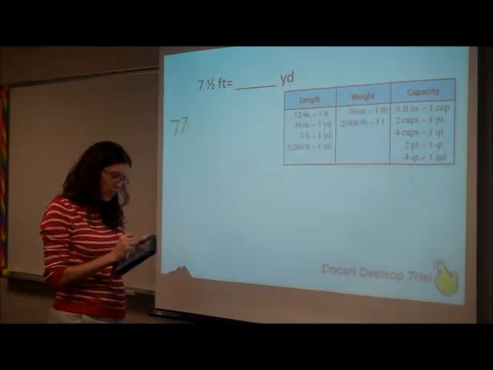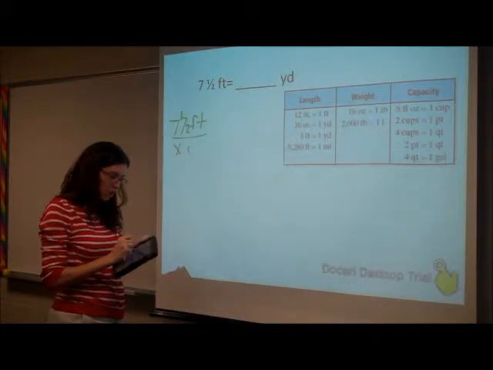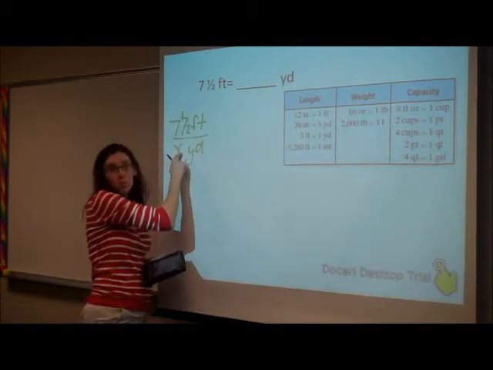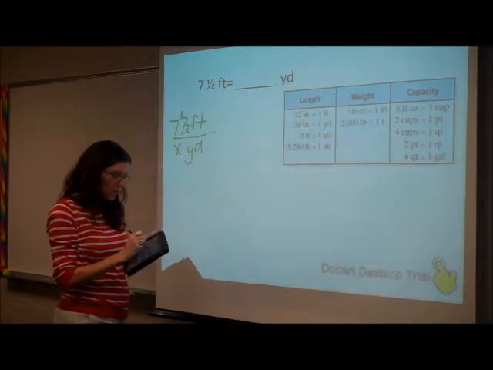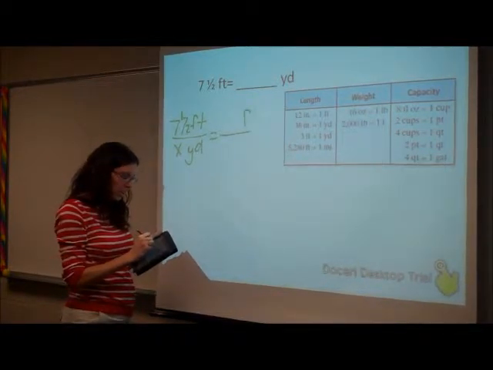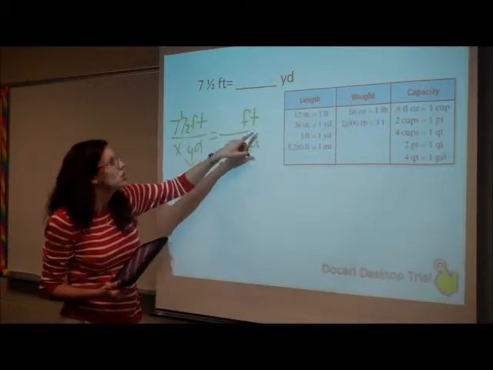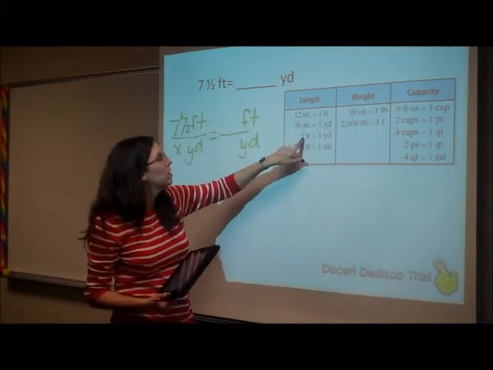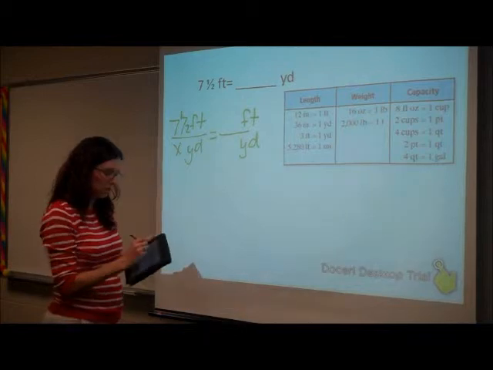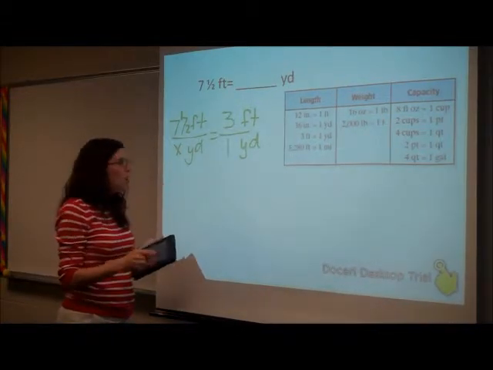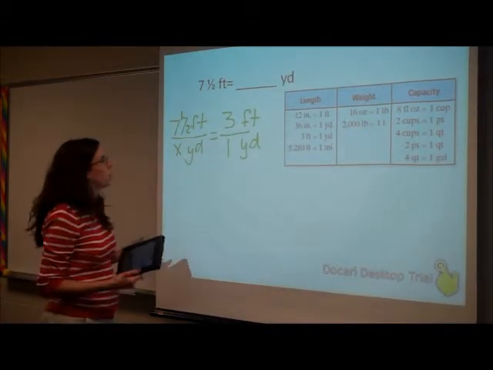So 7.5 feet over X yards, because this is what I'm trying to find. This needs to equal my other rate of feet to yards. So going over here, or just thinking about it, there are 3 feet in 1 yard. So I'll put a 3 over 1. 3 feet in 1 yard.